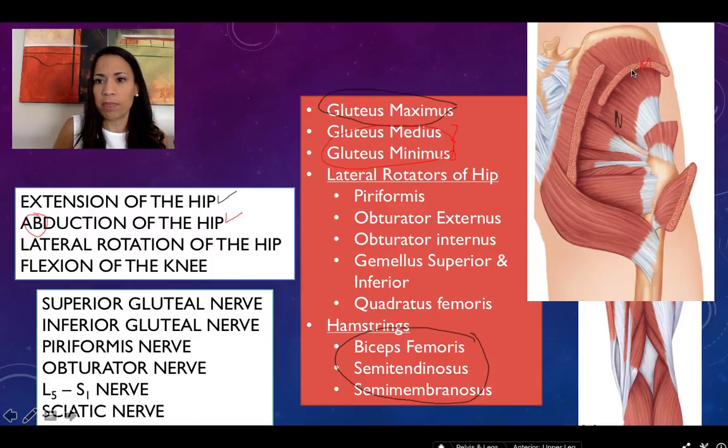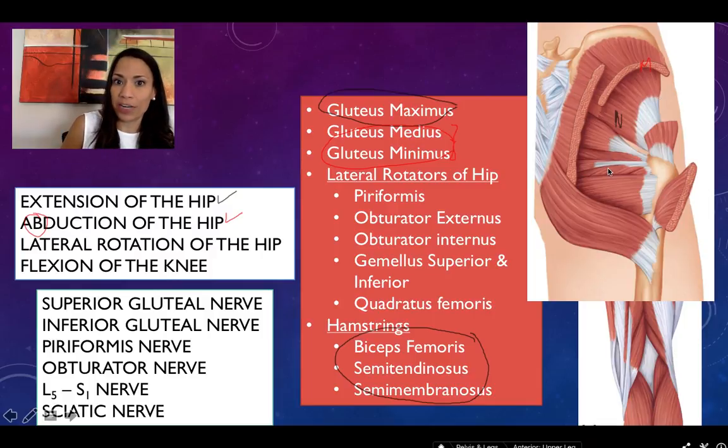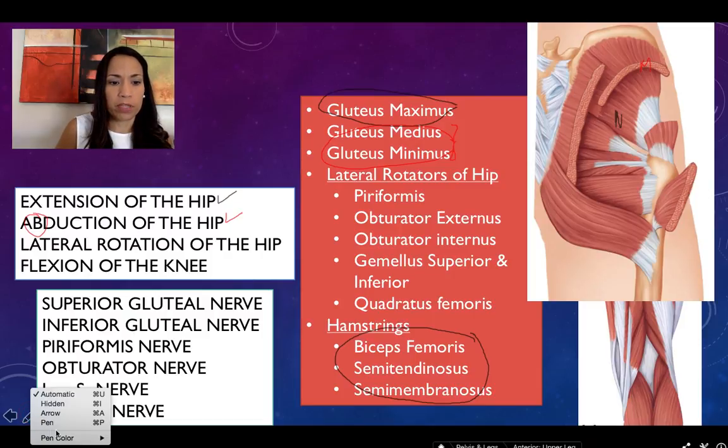So here you can see the medius and the minimus, they are abductors, but they are synergist to the lateral rotation. And the lateral rotator groups are synergist to the abduction, to gluteus medius and minimus for the abduction of the thigh at the hip.